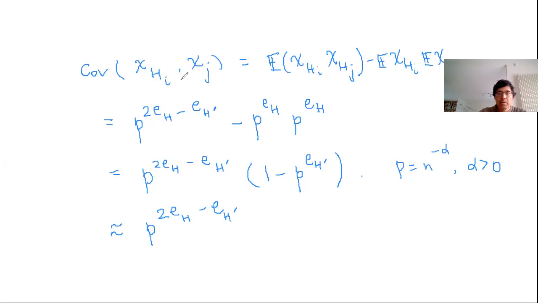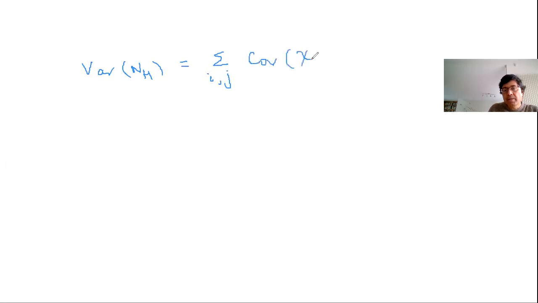So now we go back to the formula for the variance. So let's write the variance of NH is the sum over all I and j of the covariance of the indicator of HI and the indicator of HJ.